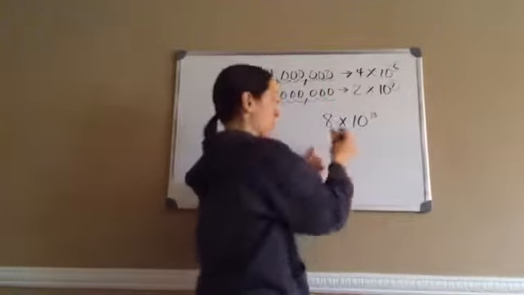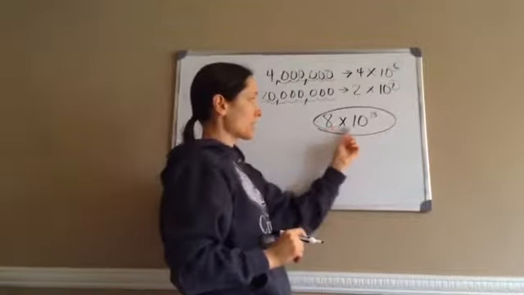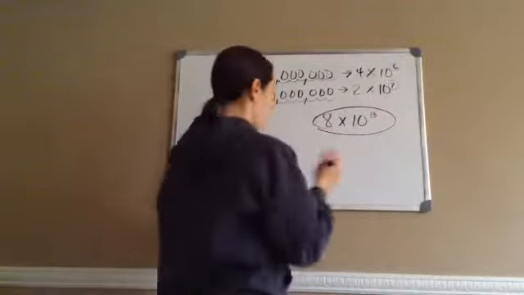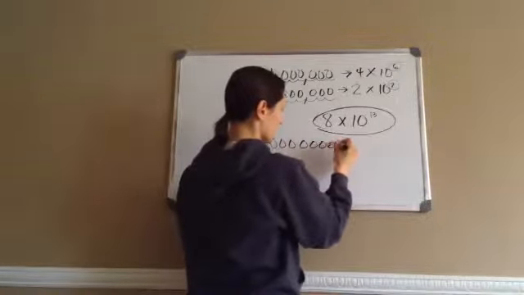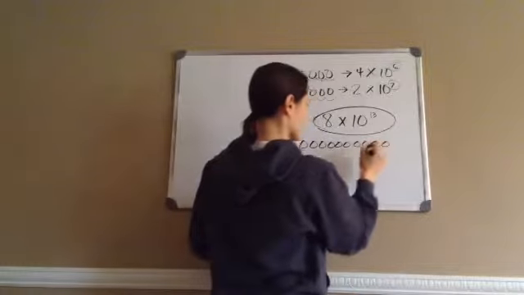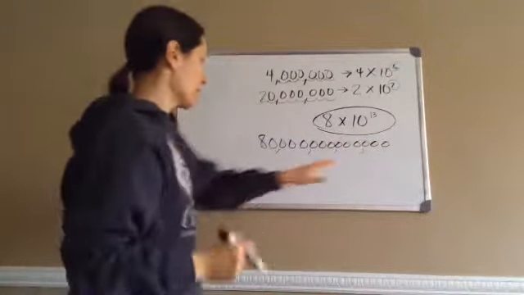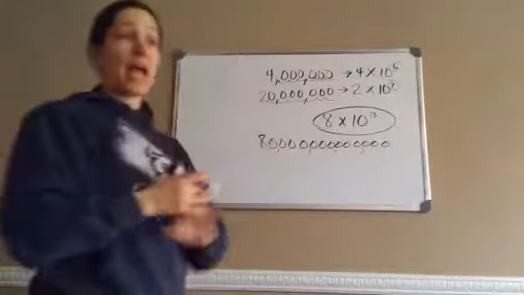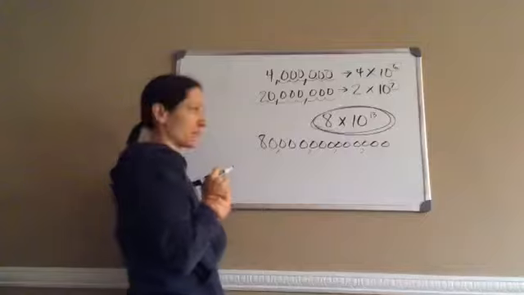Final answer in scientific notation is 8 times 10 to the 13th power. That would be 1,000, million, billion, trillion. 80 trillion, and that is 80 trillion written in scientific notation.